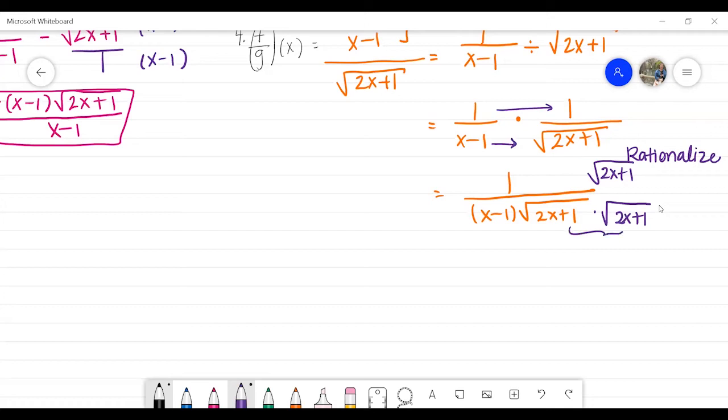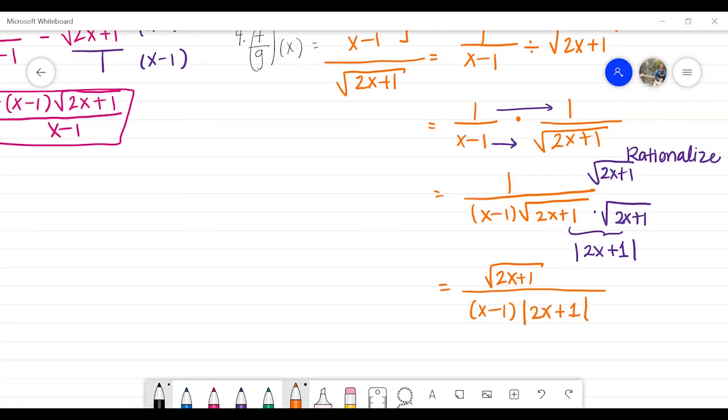And then this part right here will just end up being 2x plus 1. If we're being picky, which I often am, it really should be an absolute value. So we would end up with square root 2x plus 1 over x minus 1 times absolute value of 2x plus 1.